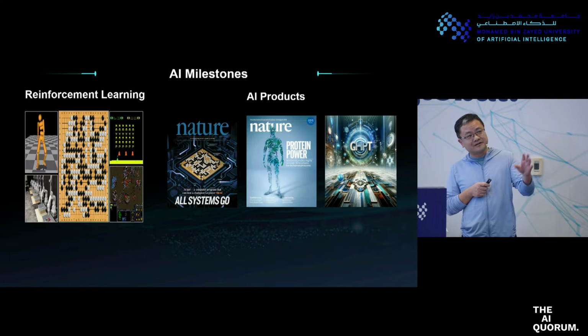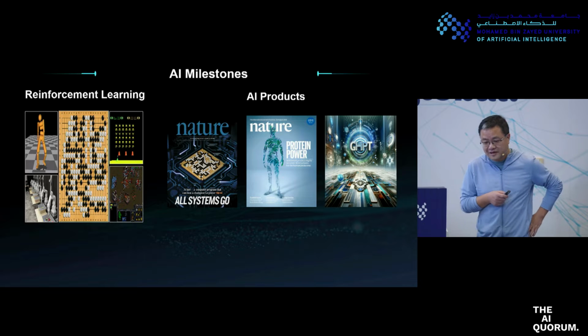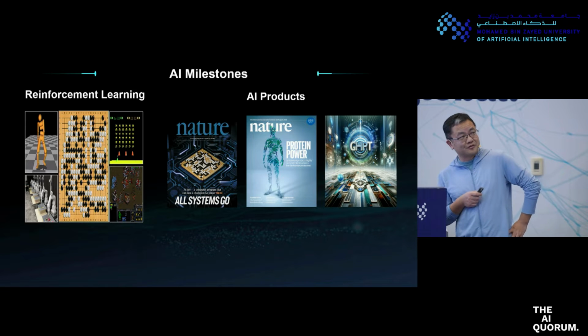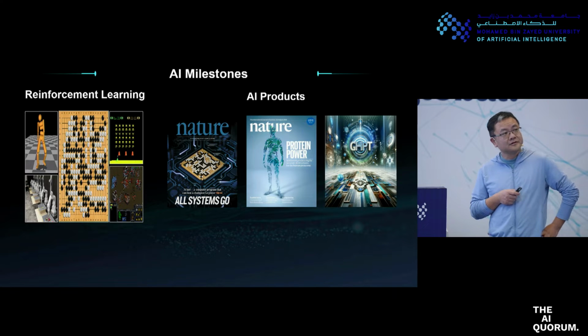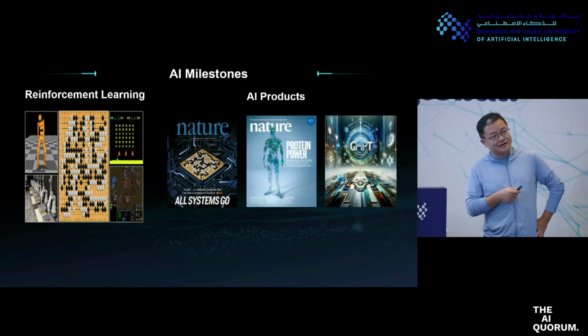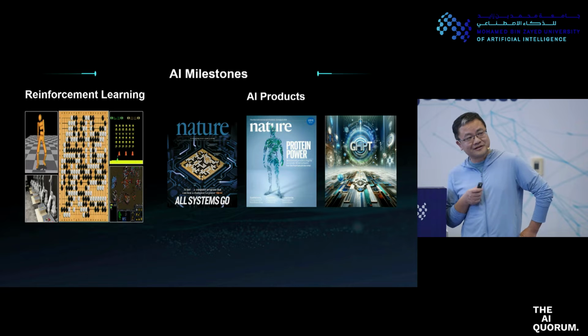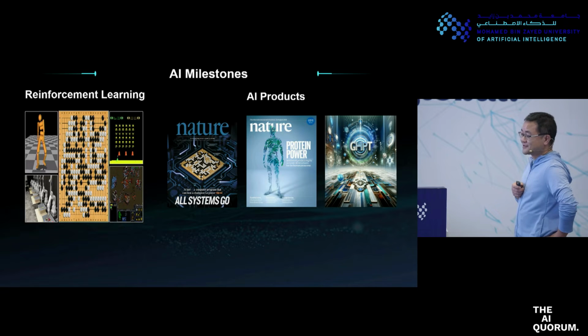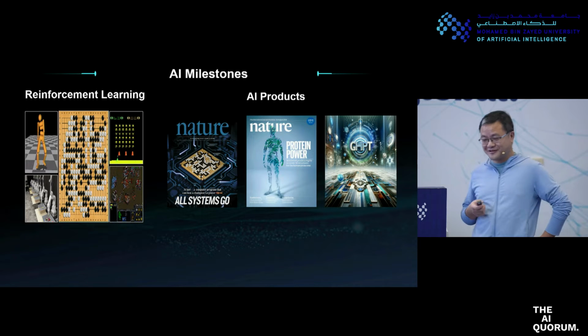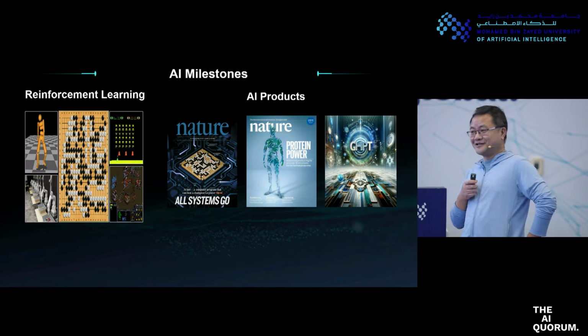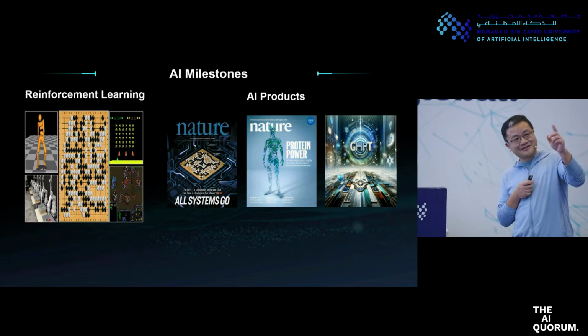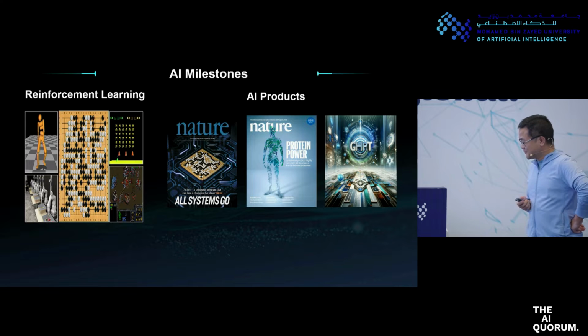In the last decade, we see a lot of different products, including papers published in top journals like Science and Nature. This is AlphaGo, the second one is AlphaFold, and the last one is ChatGPT. I asked ChatGPT to generate its own pictures, and that's what ChatGPT generated for me.